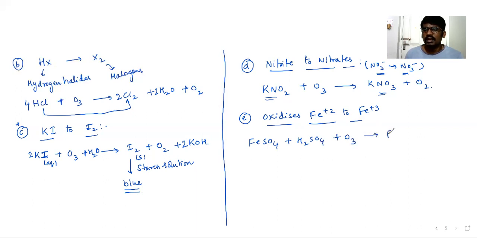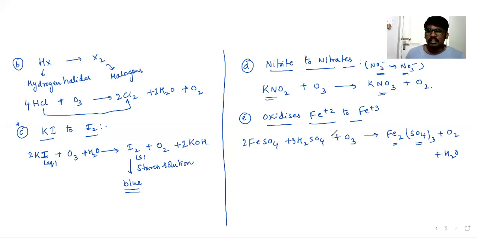It gets converted into Fe2(SO4)3, and O3 changes to O2 and H2O. Here 2 iron atoms are there, and 3 sulfates. Sorry, it can be taken as 3 if you balance it.